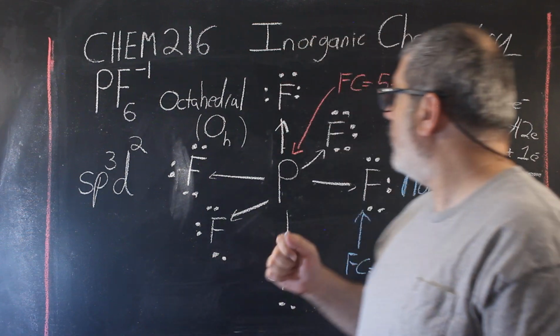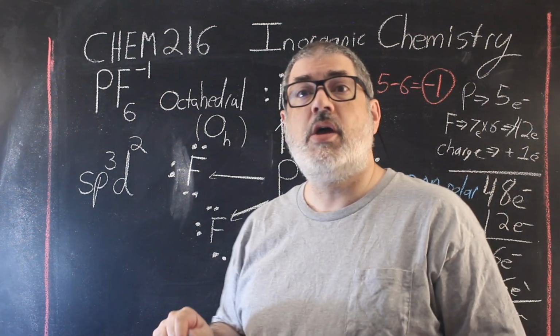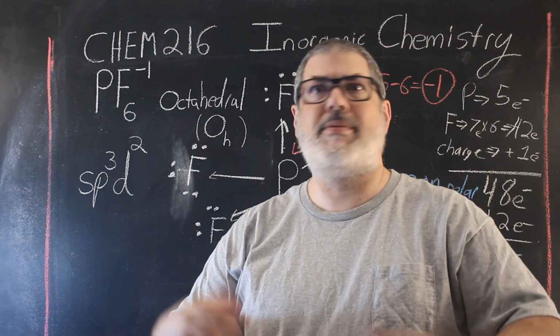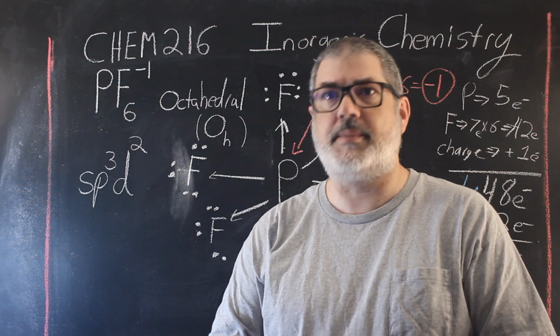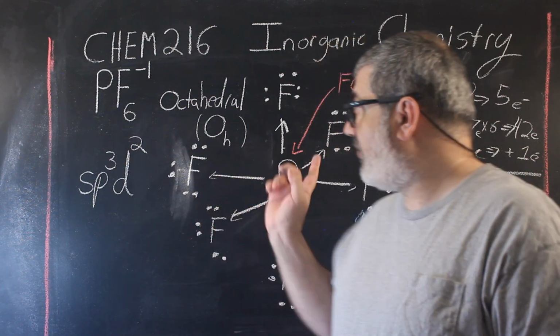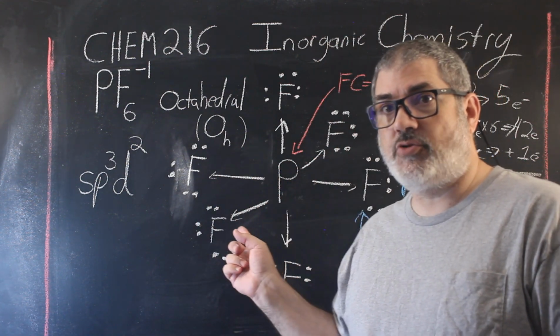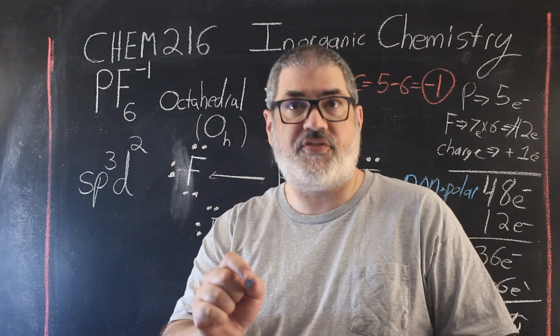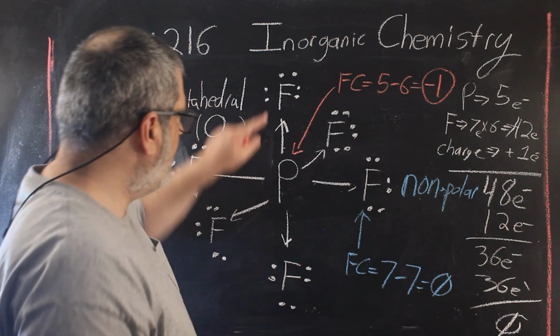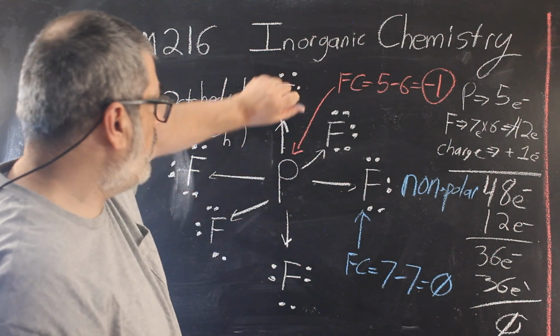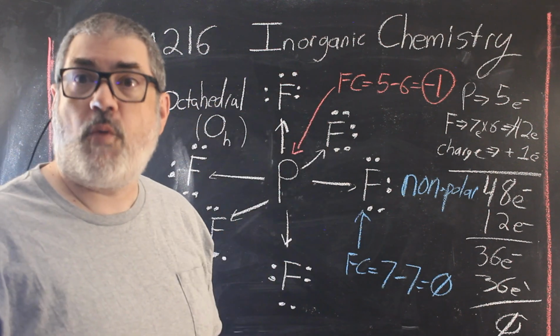If I were to replace one of these fluorines with, say, a bromine or an iodine or a chlorine, that would still make the molecule octahedral, but I would have broken the symmetry. In other words, this and this would not cancel, and therefore it would be polar.